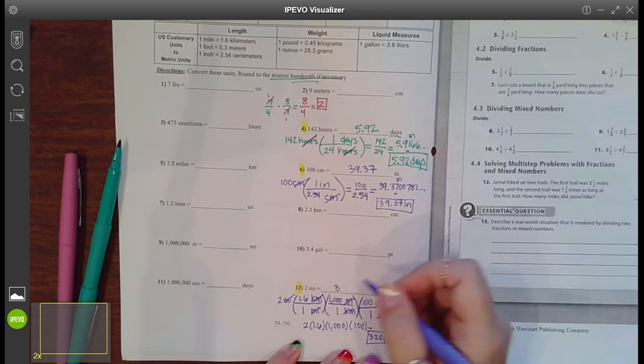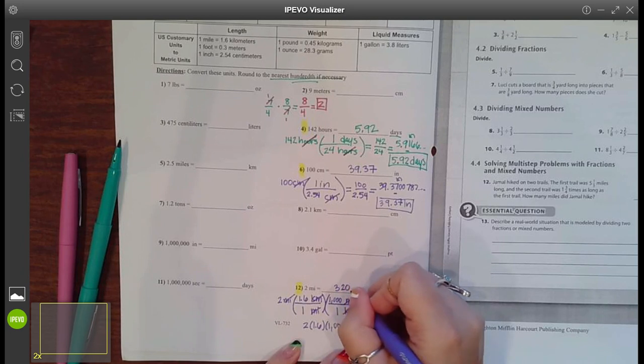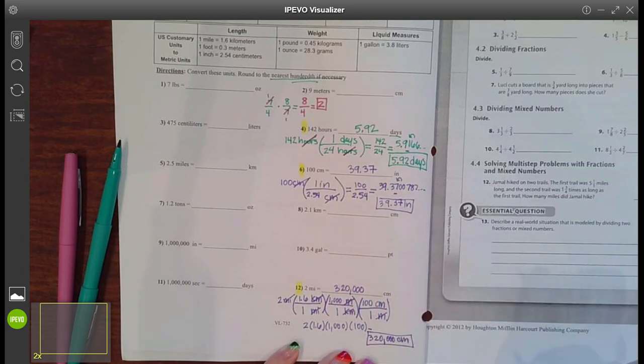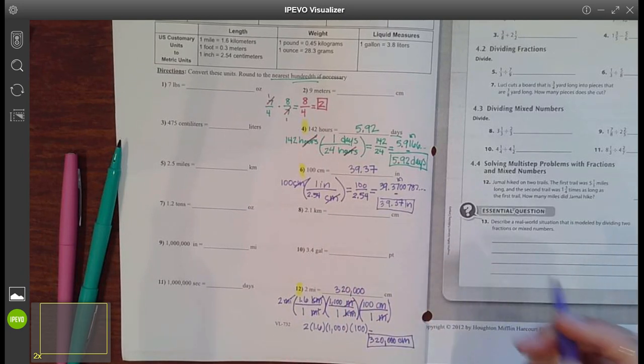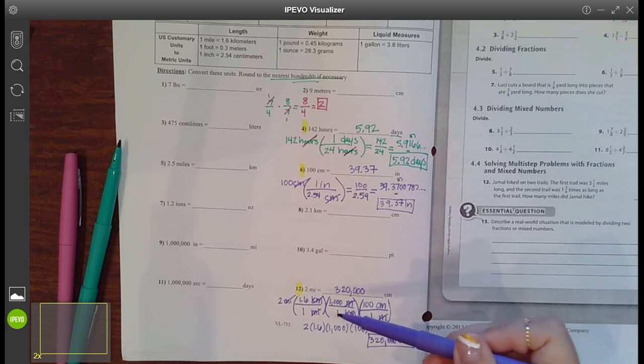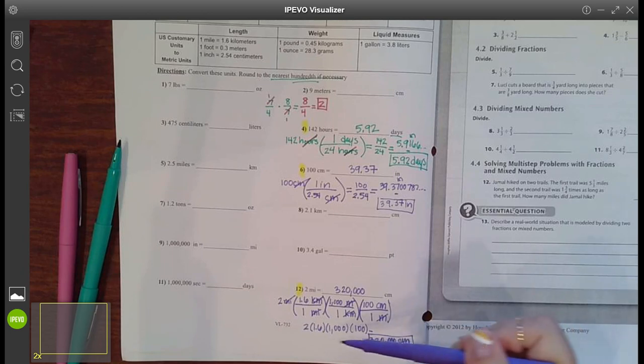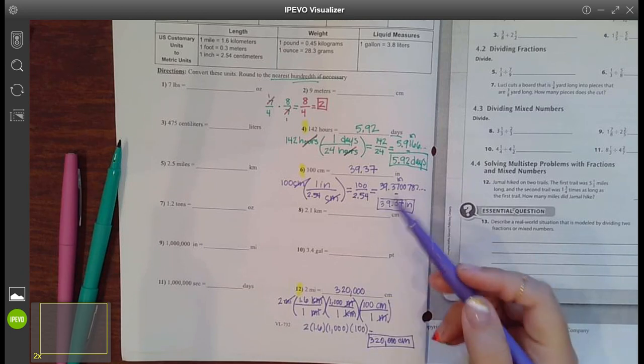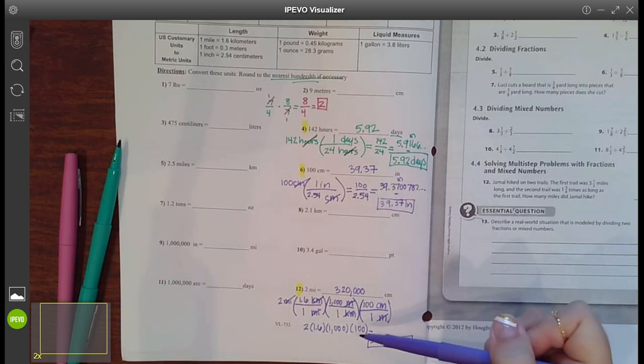So my answer is 2 miles is equal to 320,000 centimeters. Okay, don't forget, we need to see your work of what you use to convert, but you don't have to actually multiply these out. You can use a calculator to do your division or multiplication.